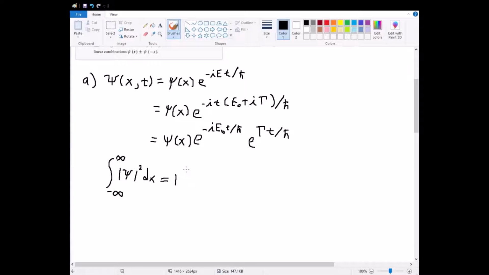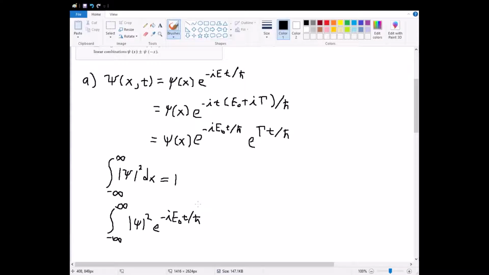Now, if this is true, we can look at it this way. We have an integral from negative infinity to positive infinity of the magnitude of little psi squared, and then e to the negative I E naught t all over h bar.